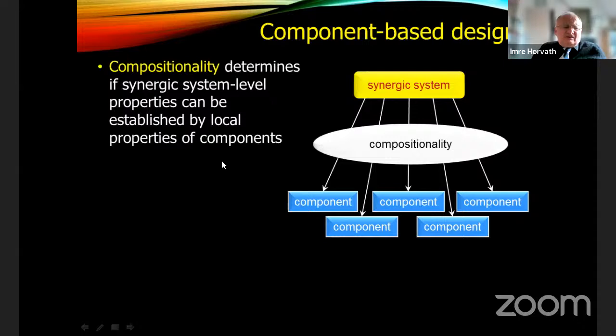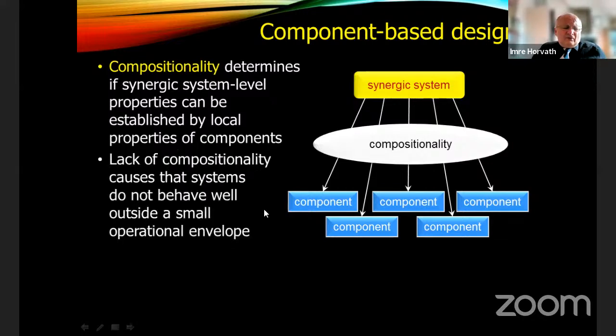Compositionality as an important term determines if synergetic system level properties can be established by local properties of the component. The lack of compositionality causes systems not to behave well outside a small operational envelope.